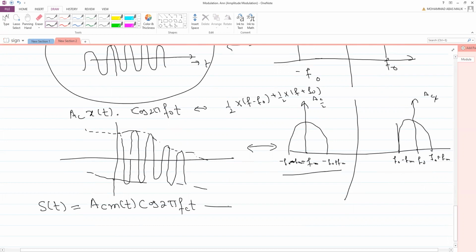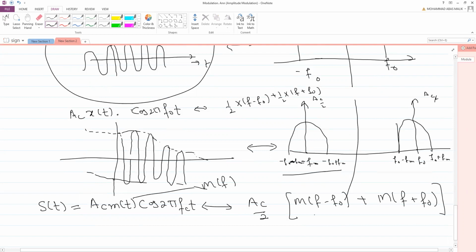If you convert this to Fourier transform, you will get AC by 2, then m of t converted to frequency, m of f. So you have m of f minus f naught plus m of f plus f naught. This is your final value, and that's what is shown in this graph. Anybody having any doubt, please tell me.